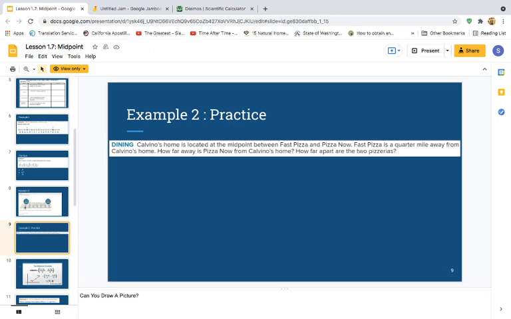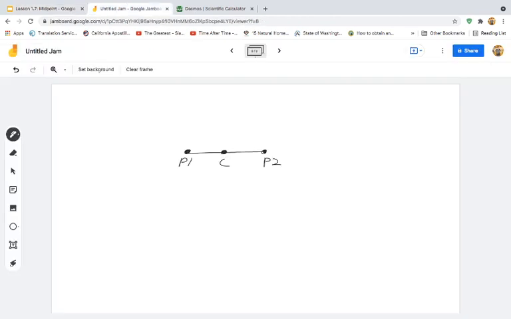Okay. Pizza Place 1 is a quarter-mile away from Calvino's home. Okay, so P1 is a quarter-mile away from point C. So quarter mile is 0.25 miles or 1/4. It doesn't matter. Either way is good.